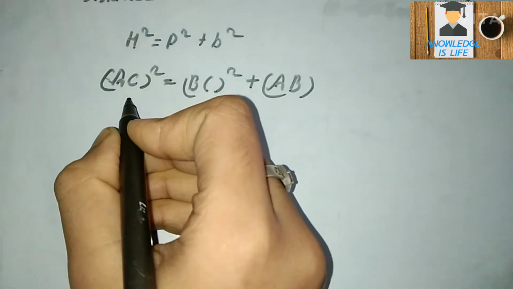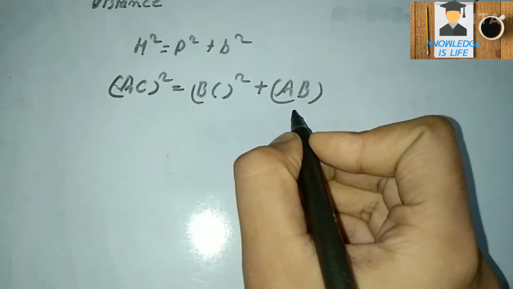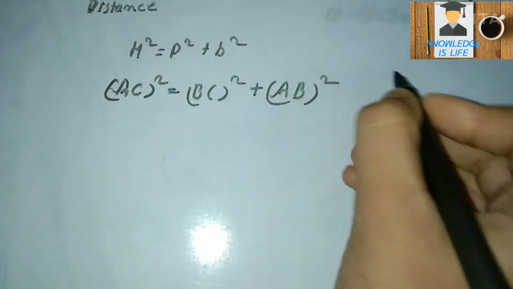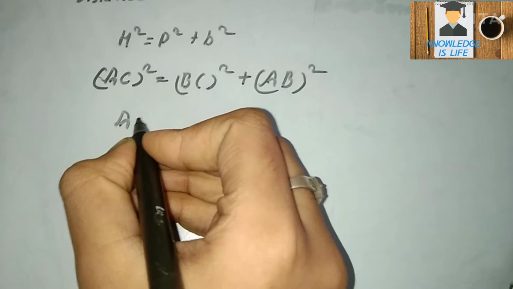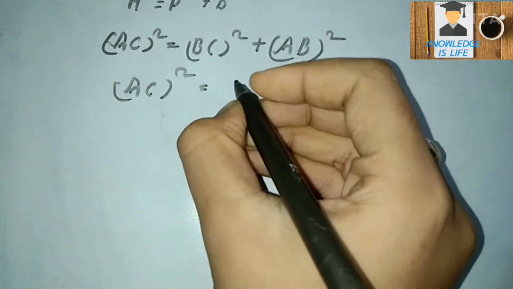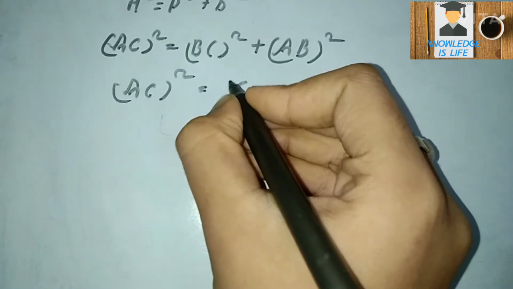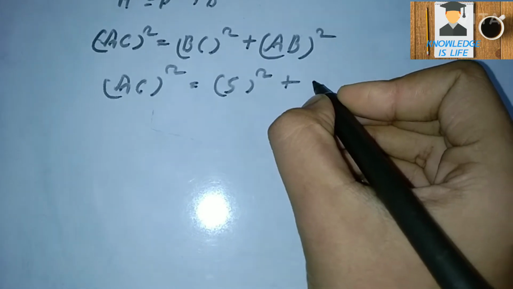AC is our hypotenuse, BC is our perpendicular, and AB is our base. AC is the unknown, so AC square equals 5 square plus 12 square.